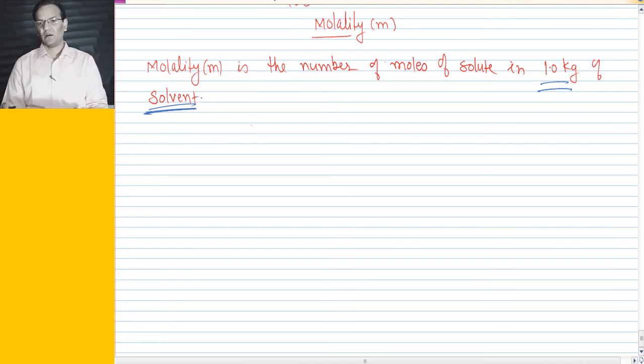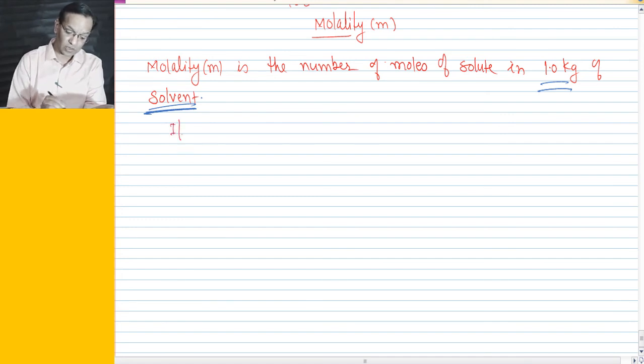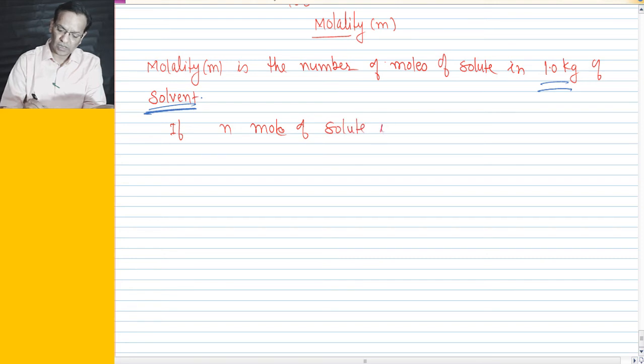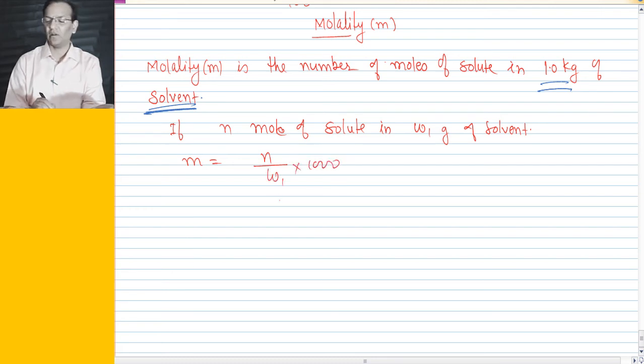Molality is defined for a given mass of solvent, not for solution. So it is the number of moles of solute present in 1 kg of solvent. So if n mole of solute is in W1 gram of solvent, molality will be equal to number of moles of solute upon mass of solvent into 1000, since the denominator mass has to be in kilogram.